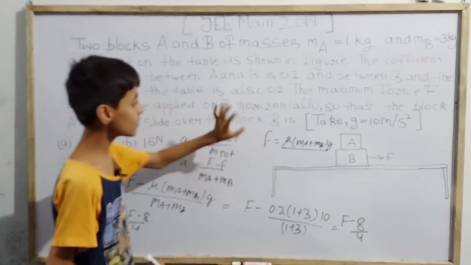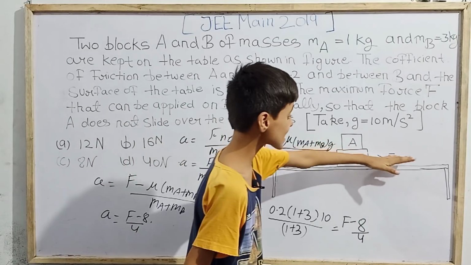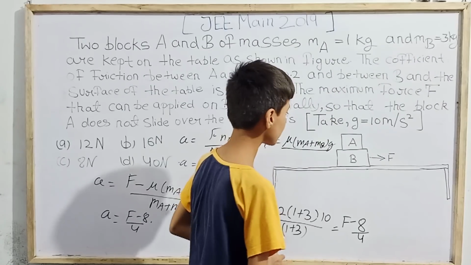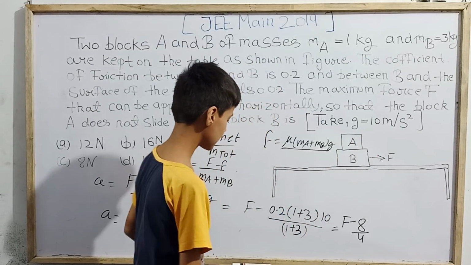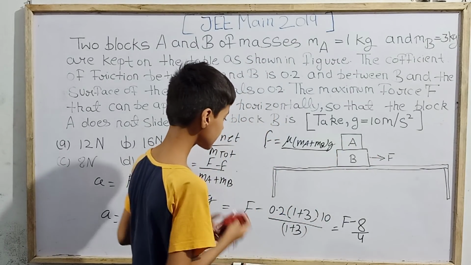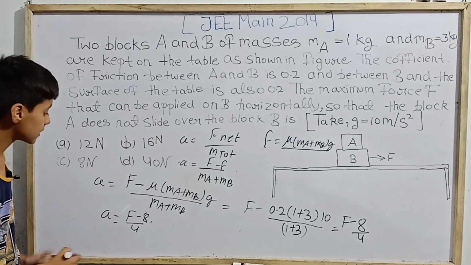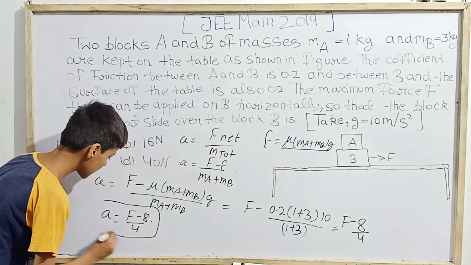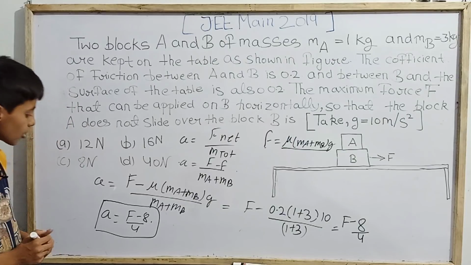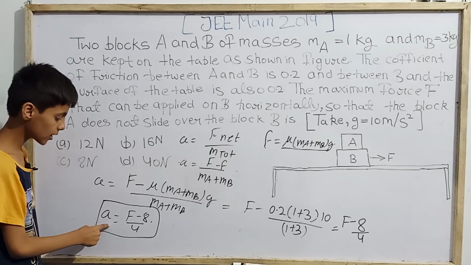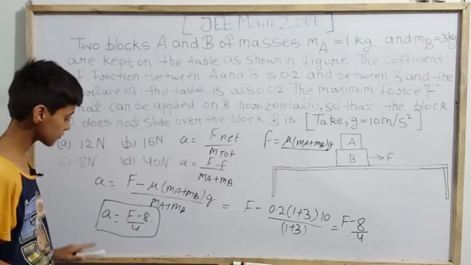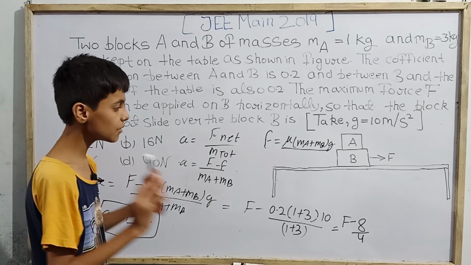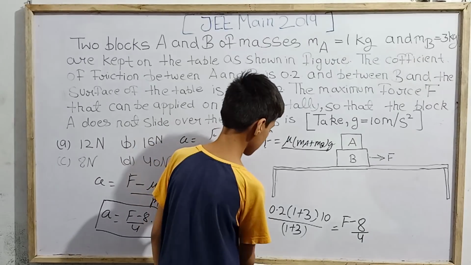Now we have to find the maximum external force that can be applied on this system so that block A does not slide from block B. You can note this formula in your copy: A equals (F minus 8) divided by 4. This formula is very important and will be helpful in solving the question.